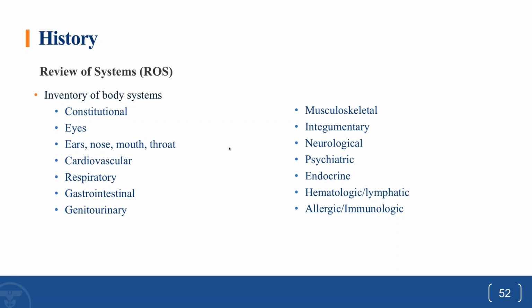ENT, ear, nose, and throat, and mouth, they're considered one system. You see they're grouped together. Just remember that, because sometimes they'll say I evaluated the ears and then the mouth, and then you're starting to count 1, 2. But notice that they are all together, right? So that's your review of systems.